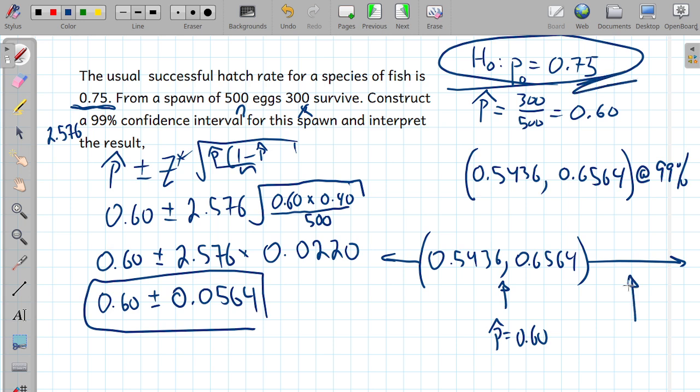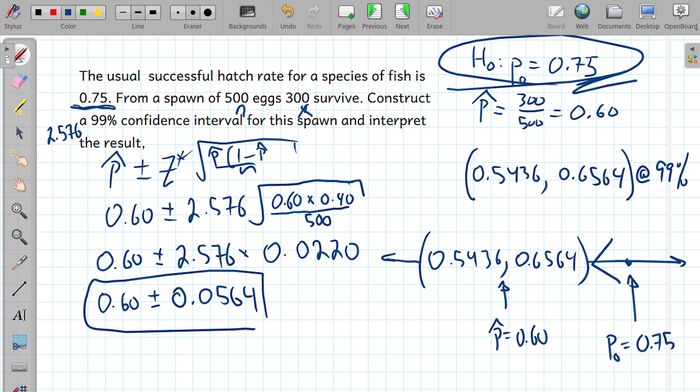Well, 75% lies out here. So the null is no longer inside. We can say that the interval is entirely less than the expected value. And this is evidence to reject the null hypothesis.